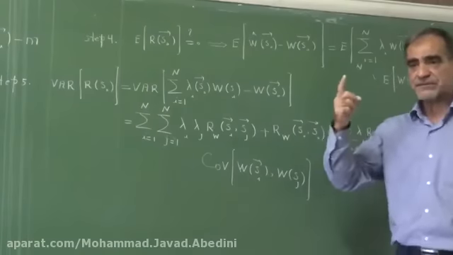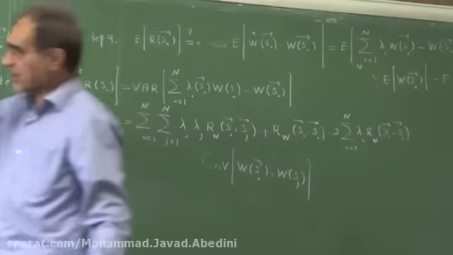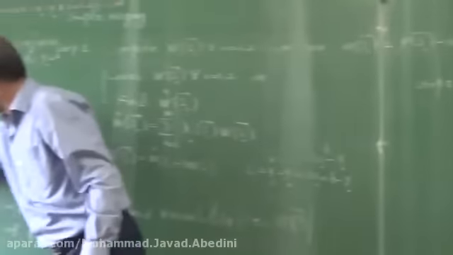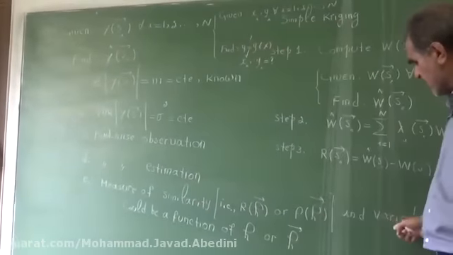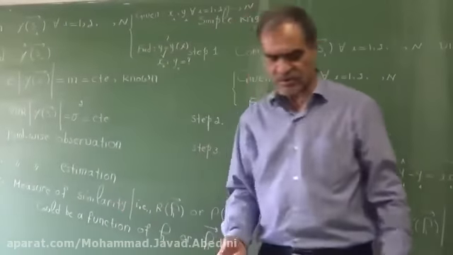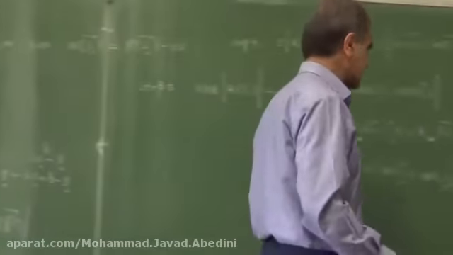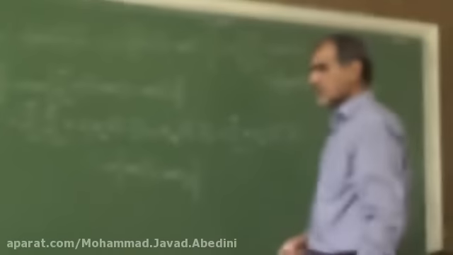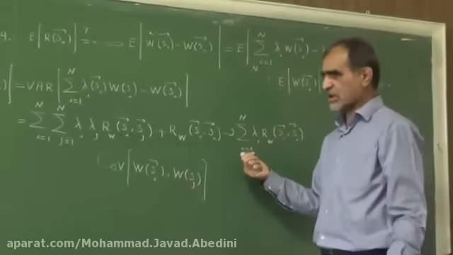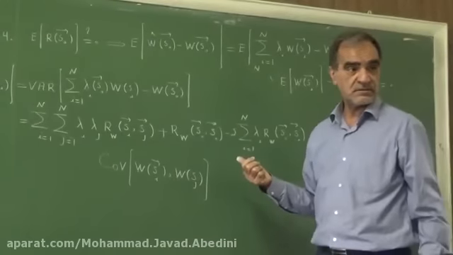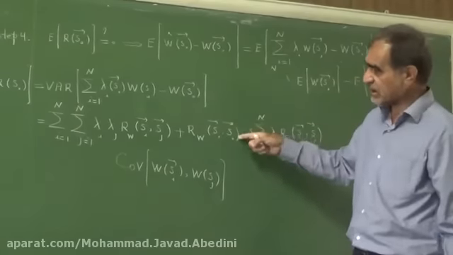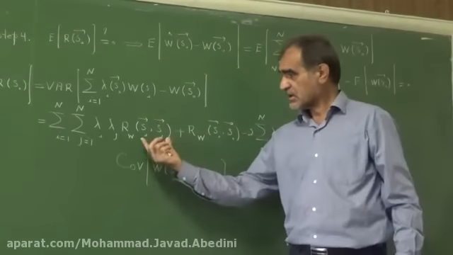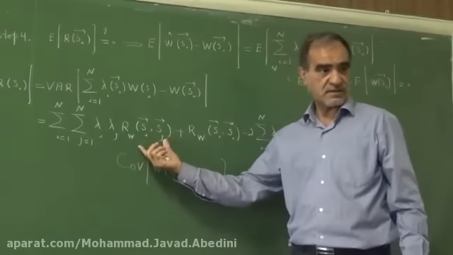Please pay attention. What I wrote here, measure of similarity or measure of variability, could be a function of separation vector or separation distance. How would it be possible to connect that comment to what I have here? If you want to connect that comment to what I have here, the measure of similarity, covariance.